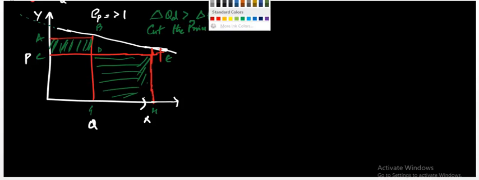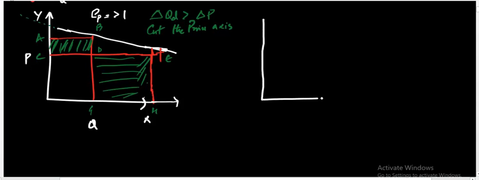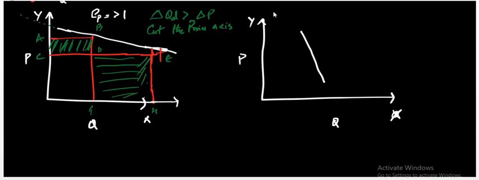Now let me talk about the elasticity of price being less than 1. This is x, my quantity demanded, and this is my y axis, my price. Now let me draw the curve over here. This is the opposite of the scenario we have seen in the greater than 1 case.